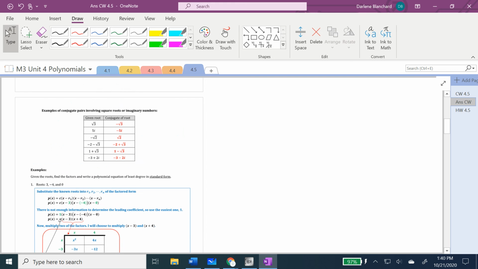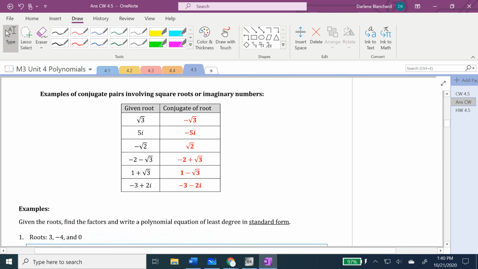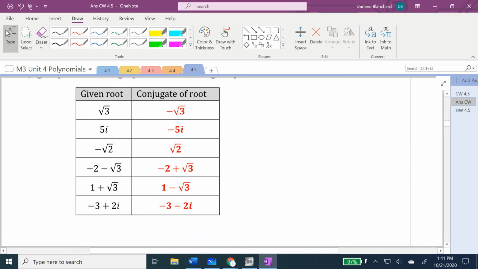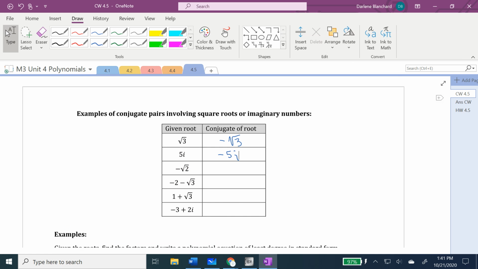I'm going to first finish up the conjugate thing. If a root is negative root 2, its conjugate is positive root 2. Now these start getting a little bit trickier. Look at the sign in front of the square root or in front of the i.